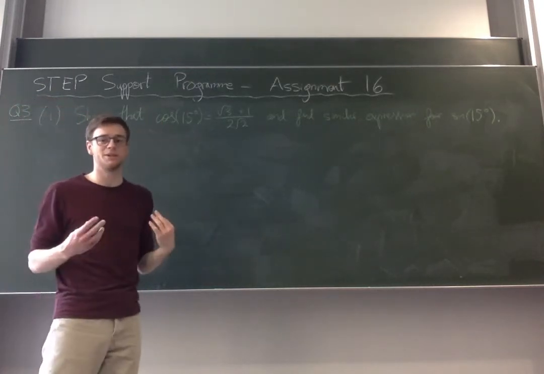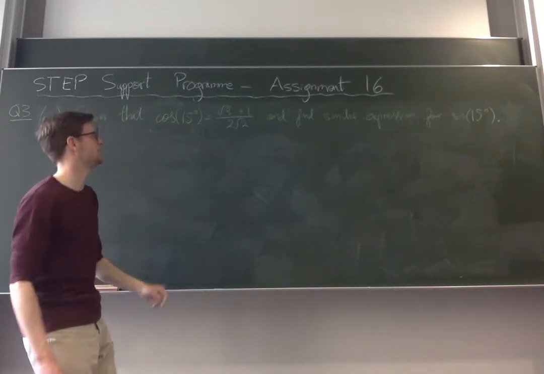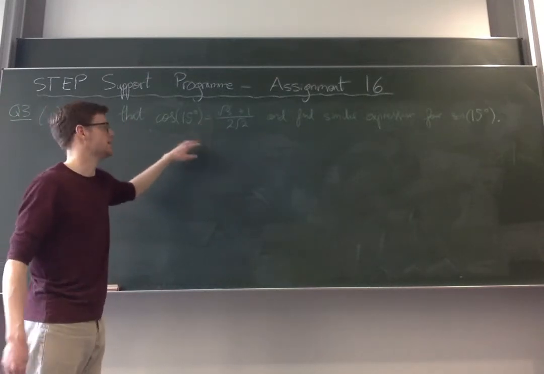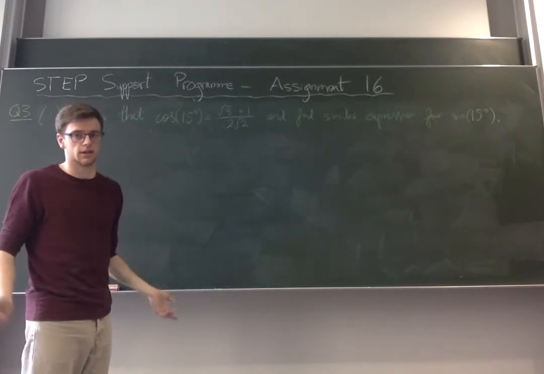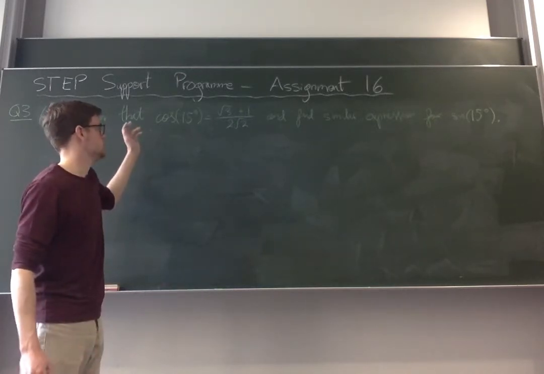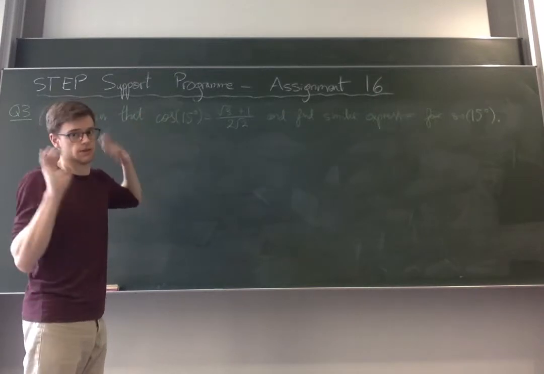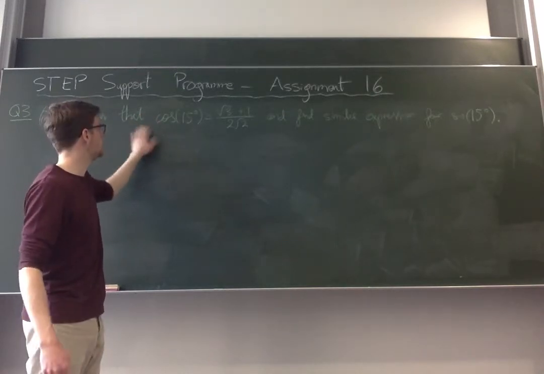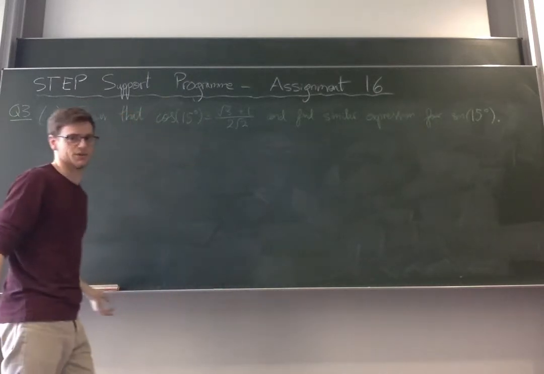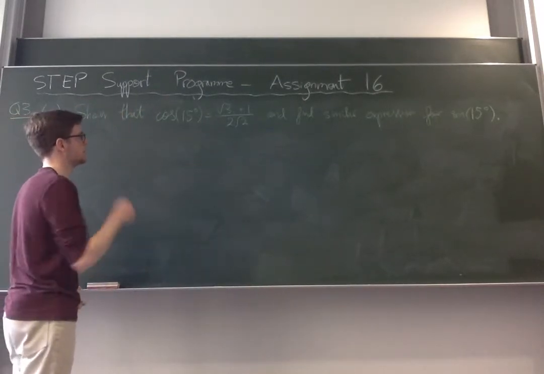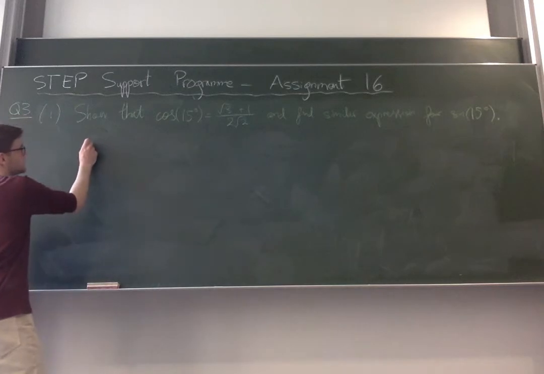By the way, if you happen to know what cos of 15 degrees is, you can't just write it down because you know it. You're allowed to assume knowledge of cos of 30 and cos of 45, because this is from A level, or GCSE even. They are testing that you know these things, but you can't just use other random knowledge like cos 15.